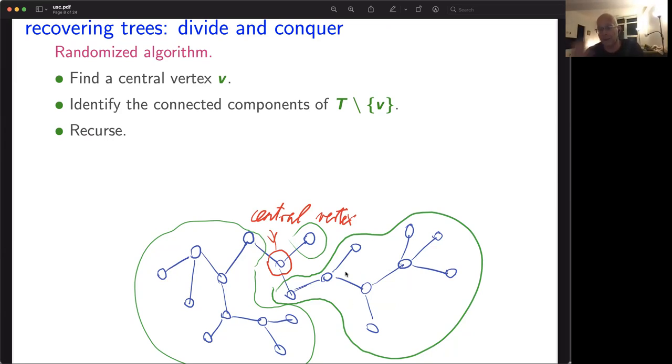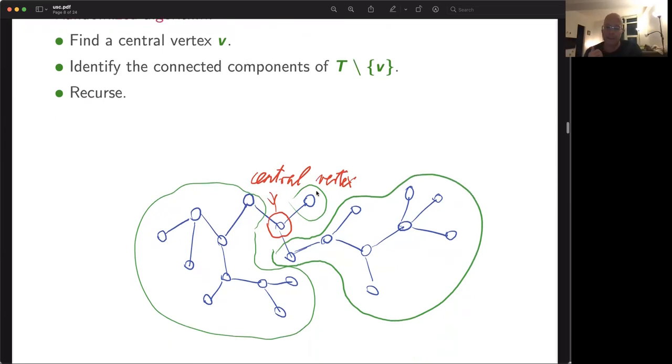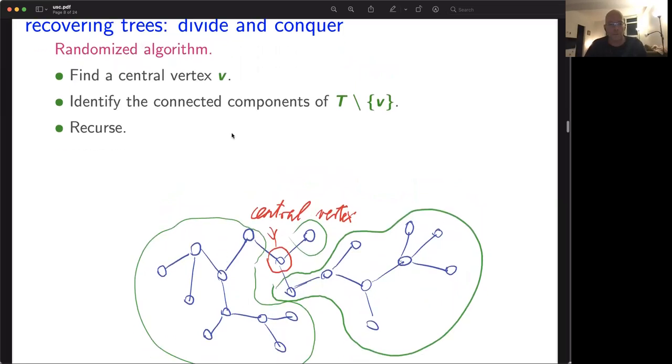Now we have much smaller subproblems, and in particular, if we can guarantee that all these subtrees are a constant factor smaller than the entire tree, then in a logarithmic number of steps we could be done. Okay, so how do we find the central vertex, and how do we identify these components?